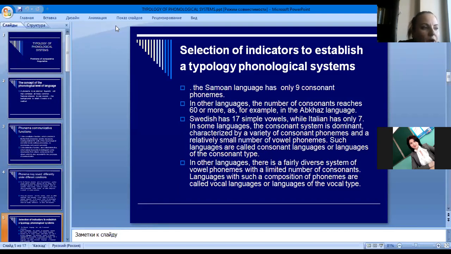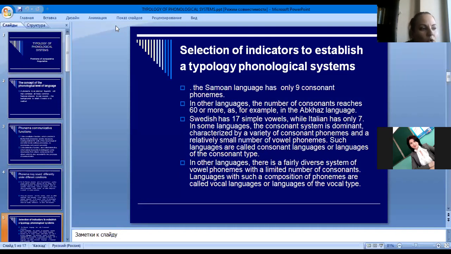The number of vowels can also vary significantly. For example, Swedish has 17 simple vowels, while Italian has only 7. In some languages, the consonant system is dominant, characterized by a variety of consonant phonemes and a relatively small number of vowel phonemes.